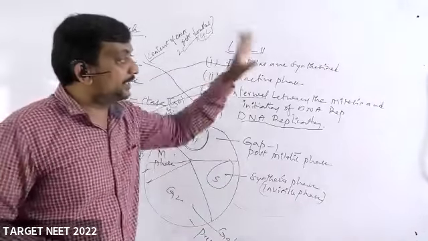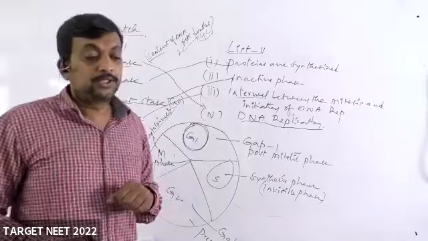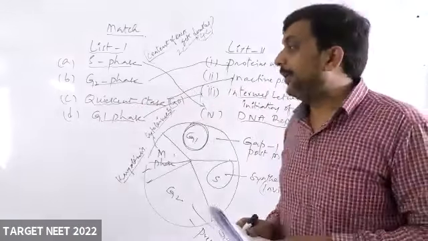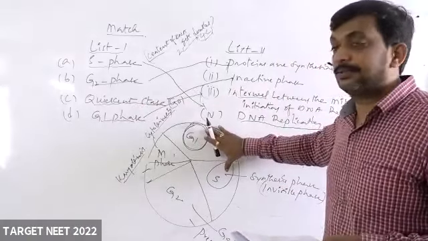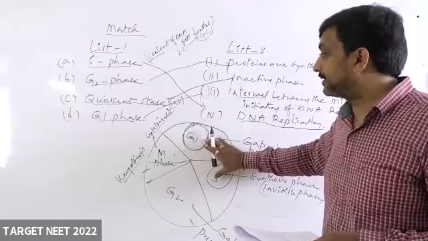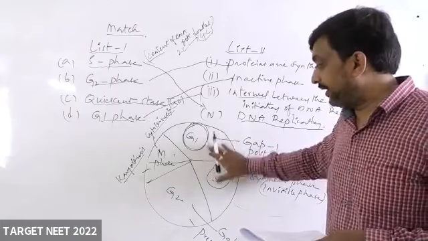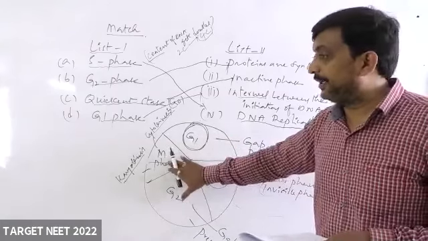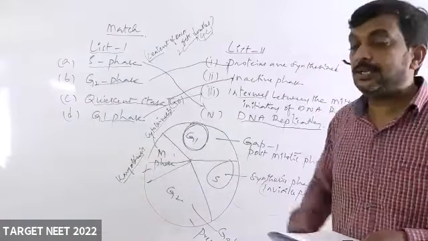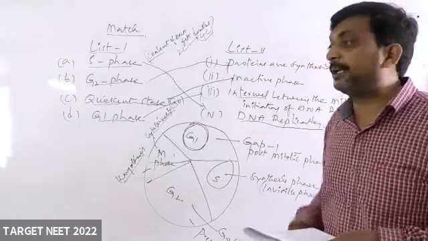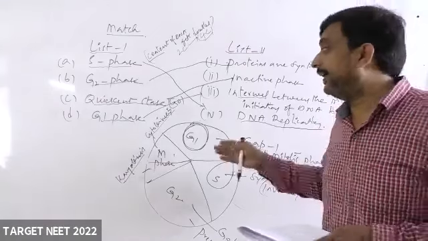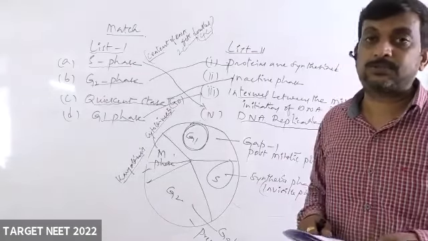So the proteins are synthesized during G2. Whenever questions related to the cell cycle or cell division come, it is better to plan with a flow chart, representing the subphases of interphase like G1, S, G2, and after that the M phase, with karyokinesis followed by cytokinesis. We represent all this systematically and then apply the concept. That would be a better idea while approaching these types of questions.